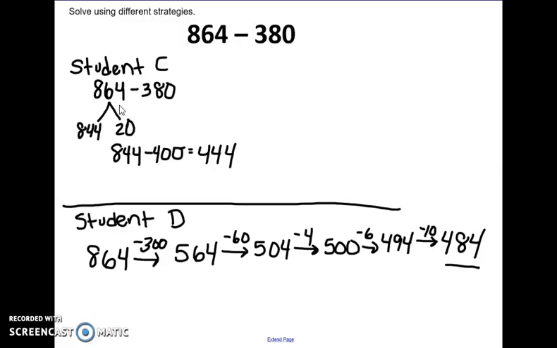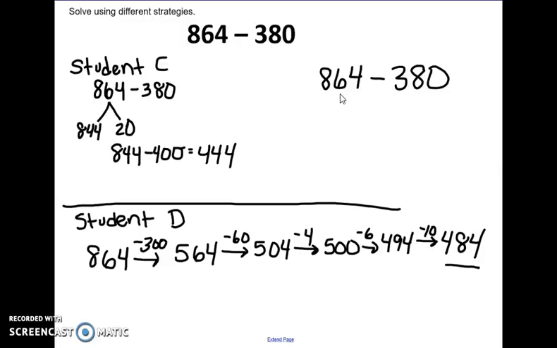So what the student should have done was to find a way to easily subtract 380 from a number. To do that, this student should have actually taken out 400 to subtract 380 from.